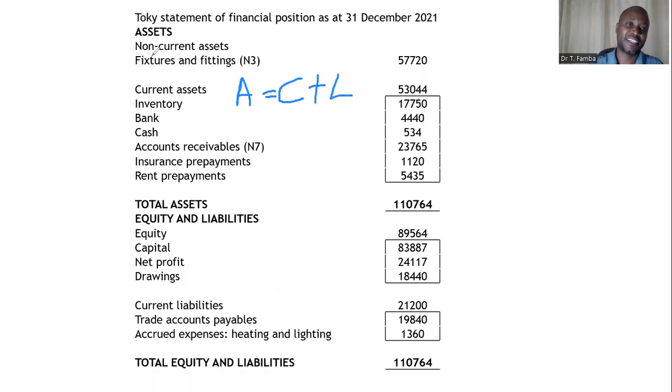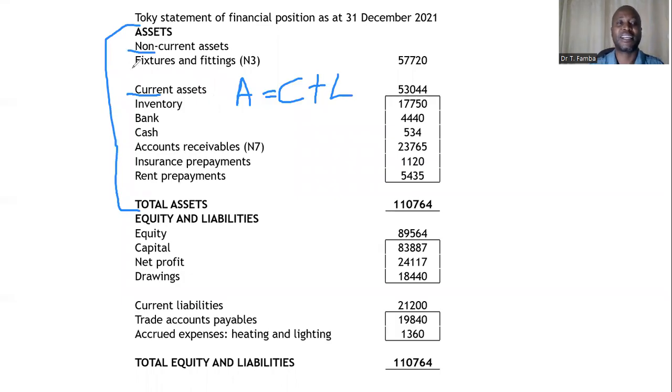So this section here is for assets up to here. So our assets, we have non-current assets and we have current assets.